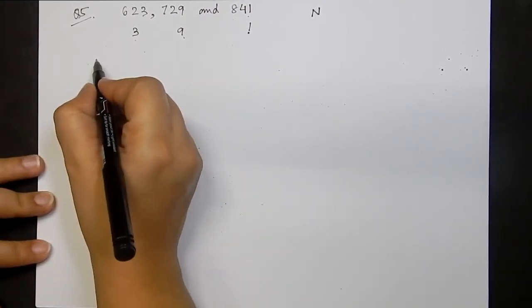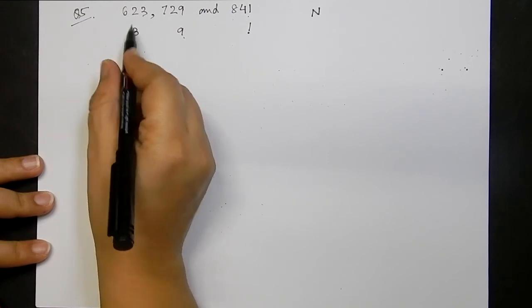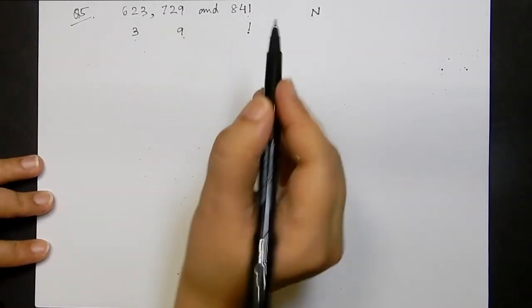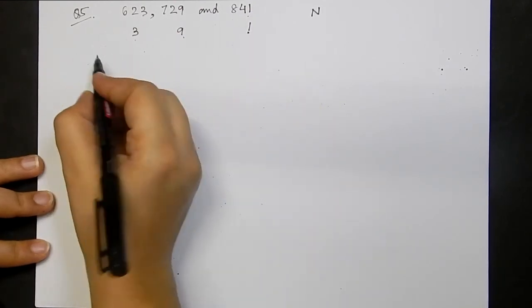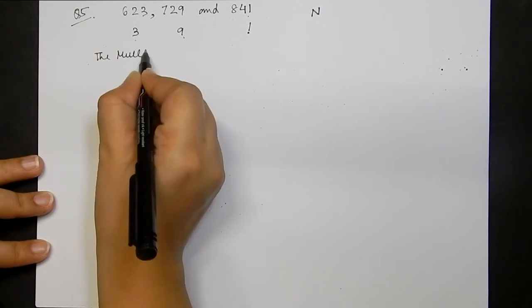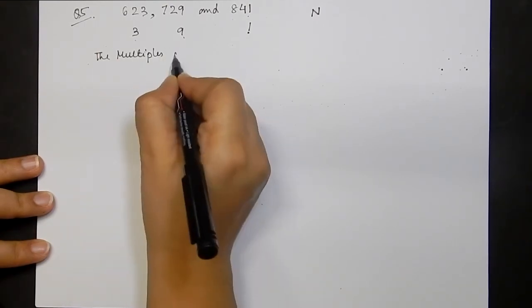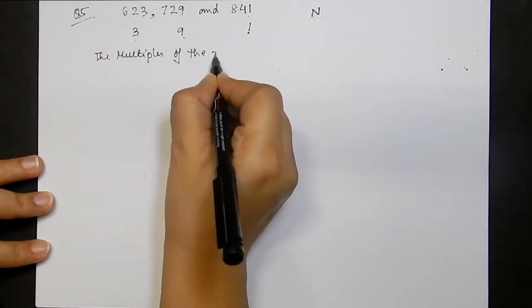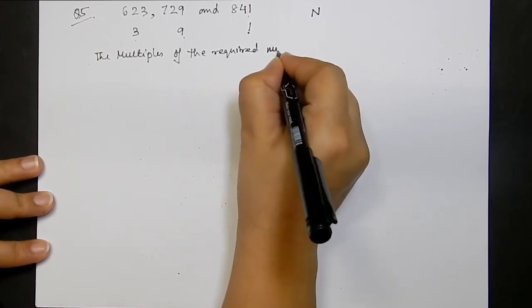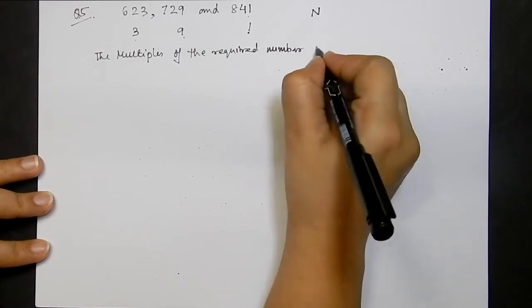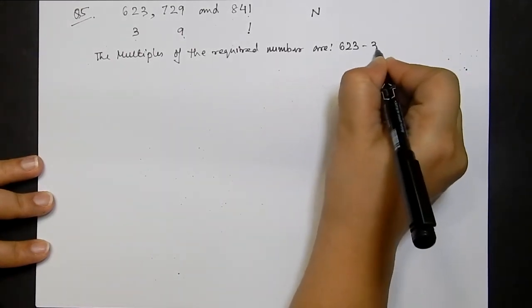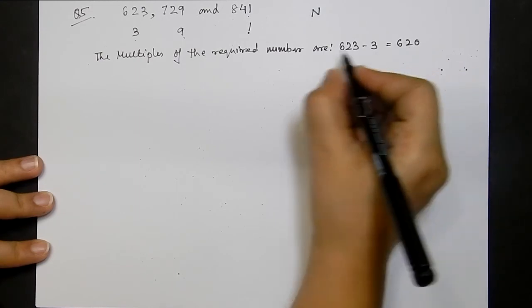So let us subtract 3 from 623, 9 from 729 and 1 from 841. So the multiples of the required number are 623 minus 3, which is 620.